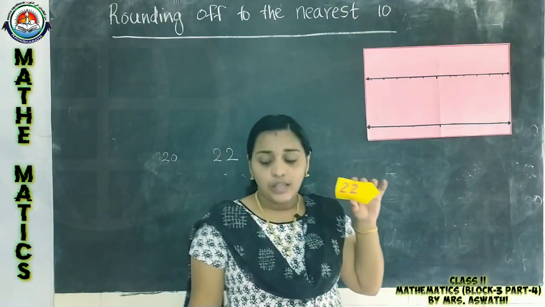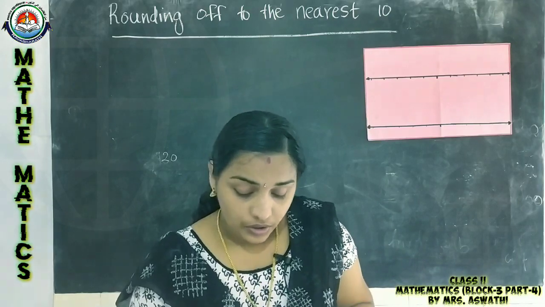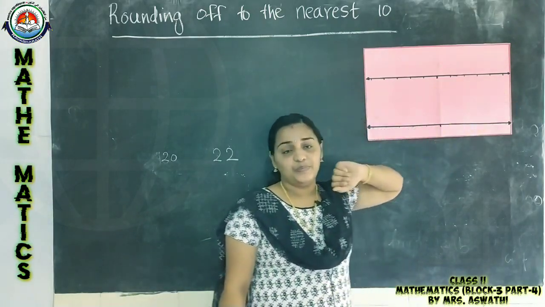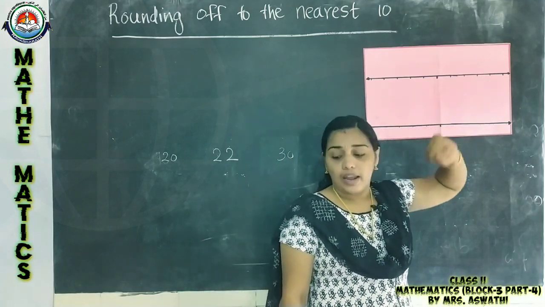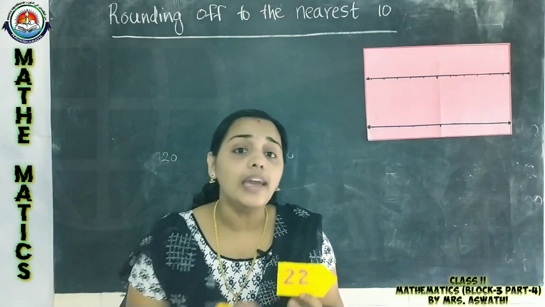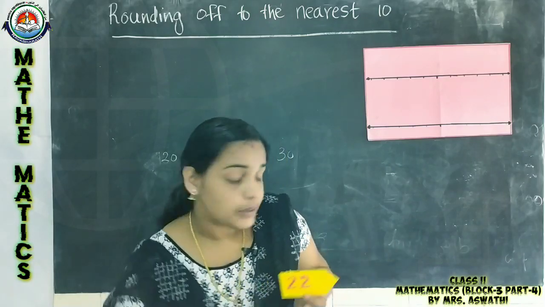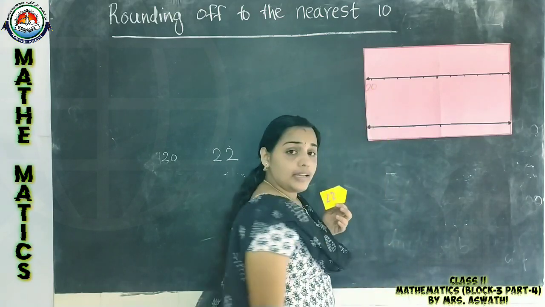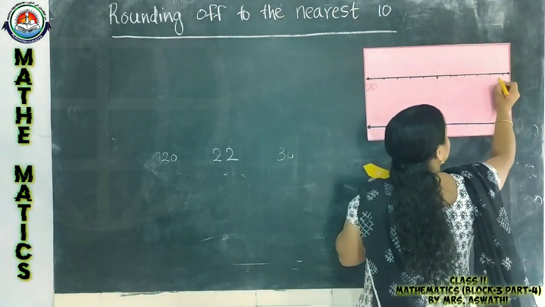Is it correct? So, you see here is a number line. This 22 lies between which tens? Yes, 20 and 30.